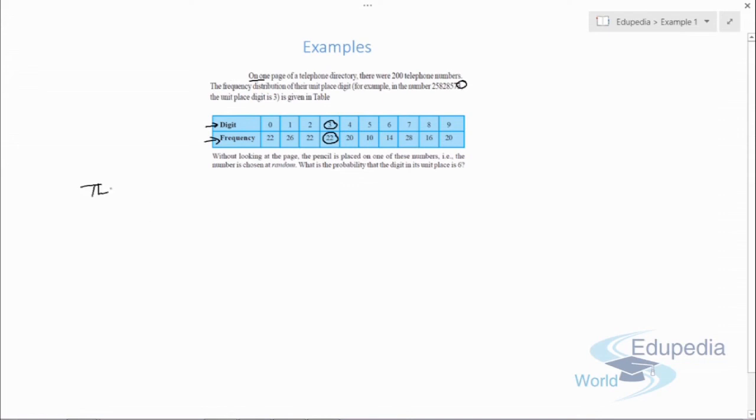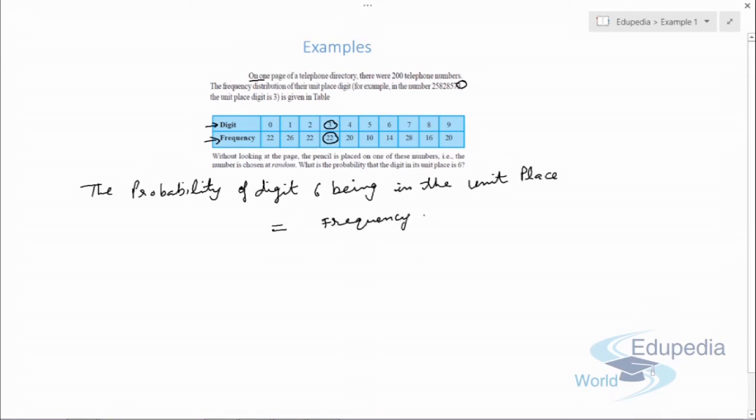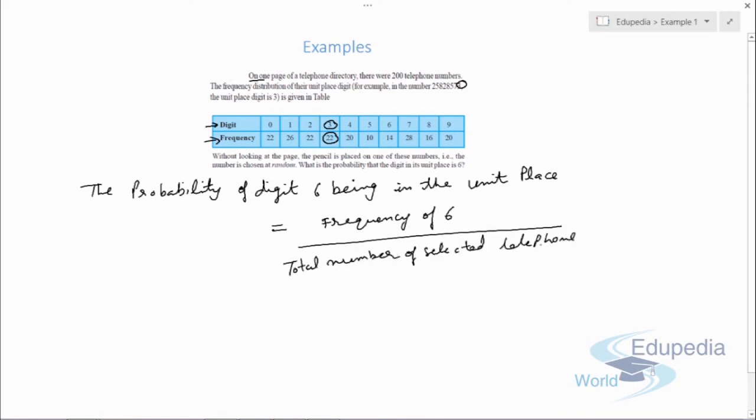Now, the probability of digit 6 being in the unit place will be the frequency of 6 upon the total number of selected telephone numbers. This means we need to select the frequency for number 6, and we have a frequency of 14.